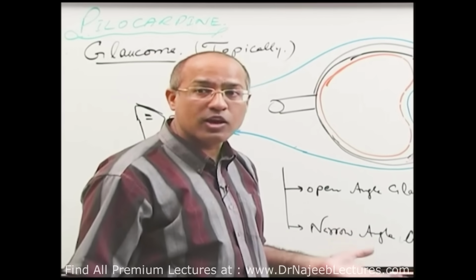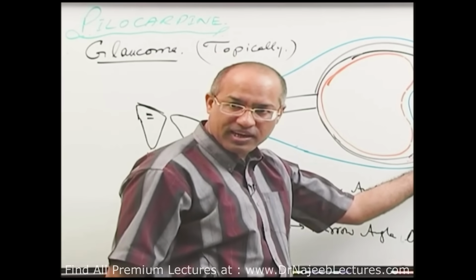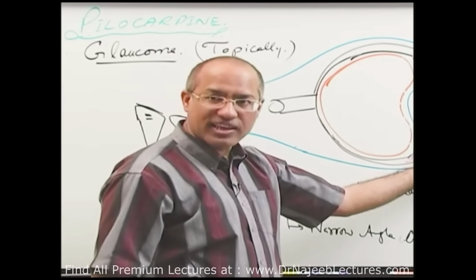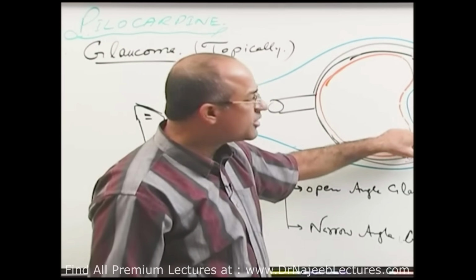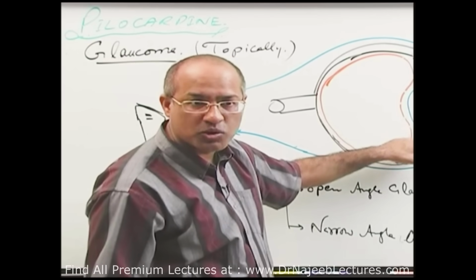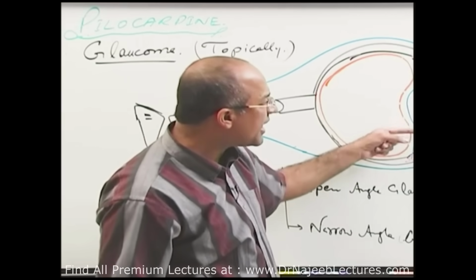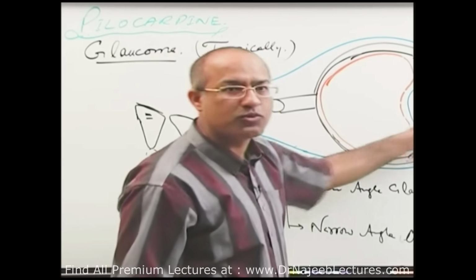But in narrow angle glaucoma or closed angle glaucoma, physically this angle is narrow, right? Either eyes are designed with a smaller anterior chamber, or there is pupillodilation and the root or base of the iris is accumulated at the angle. When pressure becomes high, the pressure in the posterior chamber pushes the iris anteriorly.